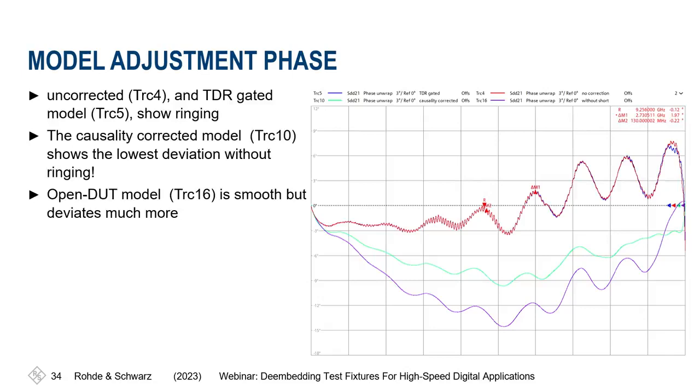And the open DUT model, trace 16, is smooth but deviates much more. Going forward, just in addition here, the ringing with 1 degree plus minus is already quite excellent value for the instrument and for the model here. Keep in mind, this is not the measurement, this is the model we talk about.